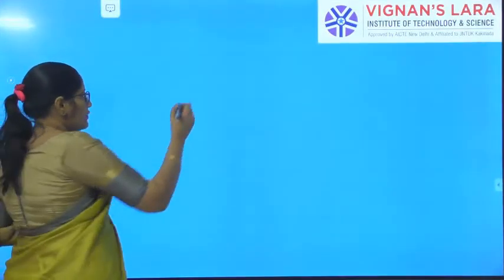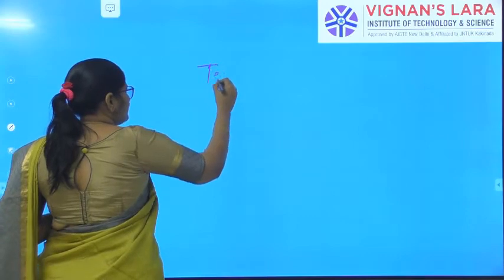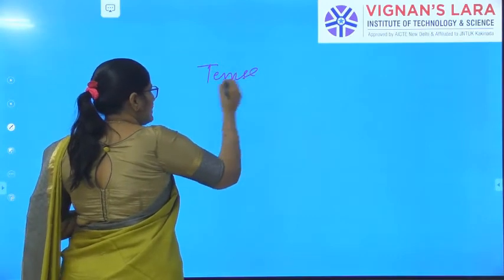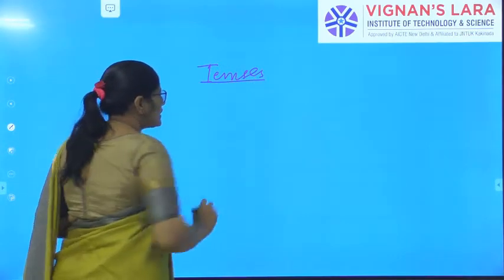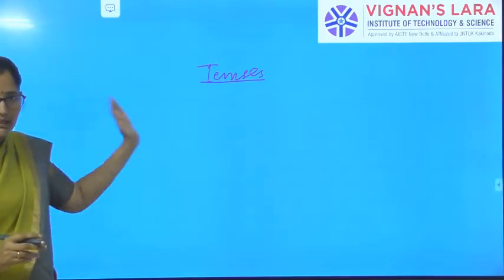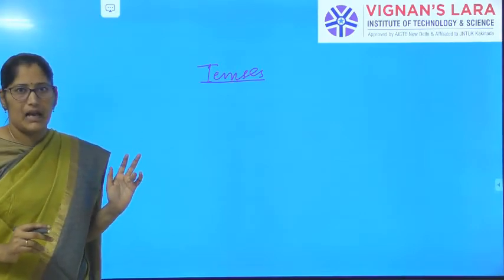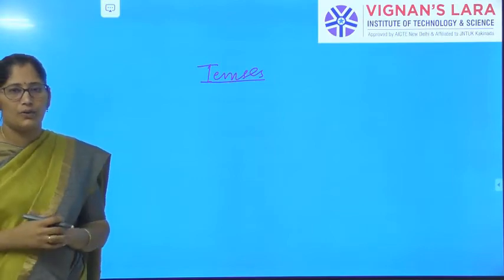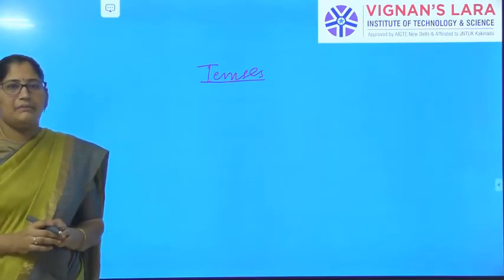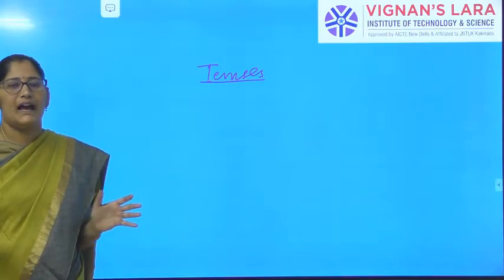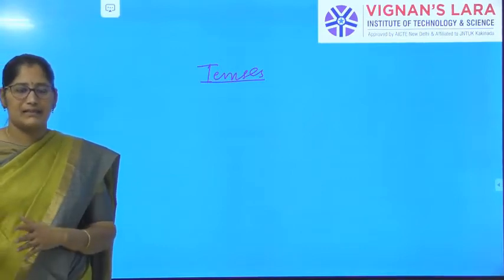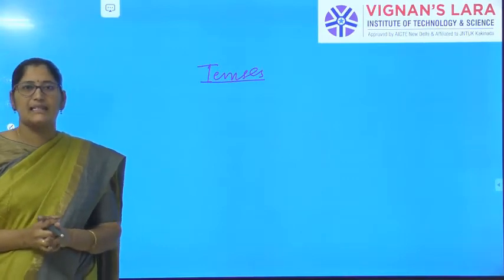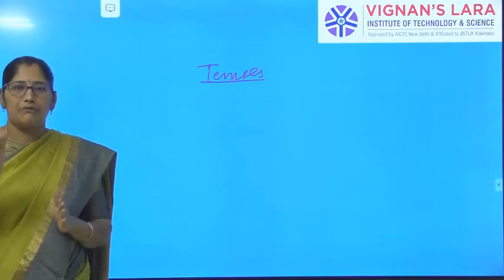Before we start tenses, I'll ask you, what is the word tense? Tense means it is discussed in terms of time. Do you know we have three types of time? That is present tense, past tense, and future tense.